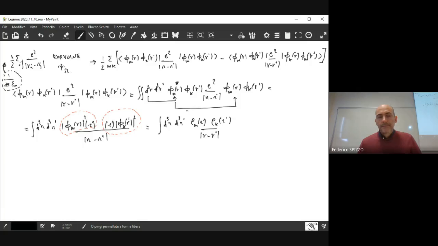So the first term in this equation gives the contribution of the pure Coulombian interaction between the electrons in the system. When we make other steps in the calculation, it will be very close to the Hartree result for what concerns the electron-electron interaction.